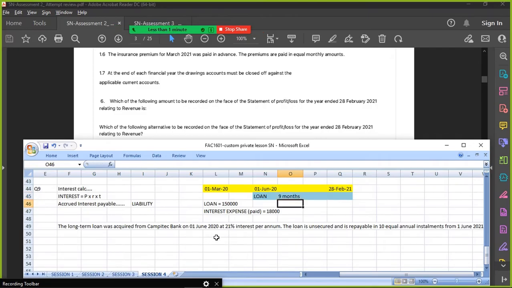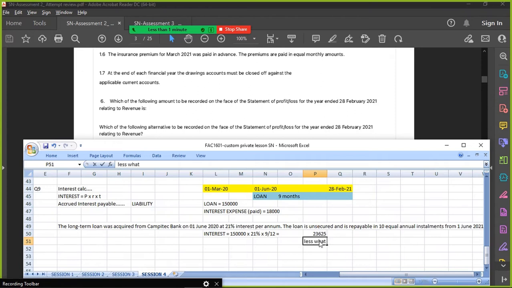So my interest will be principal, which was 150,000, times rate, which was 21%, times 9 over 12, which gives me an answer of 23,625.